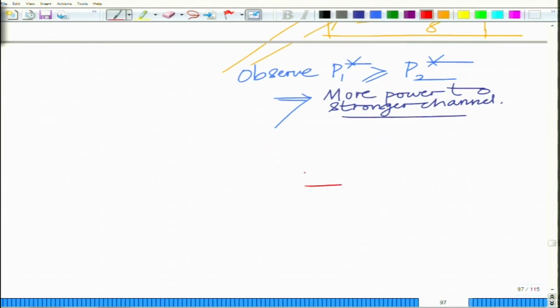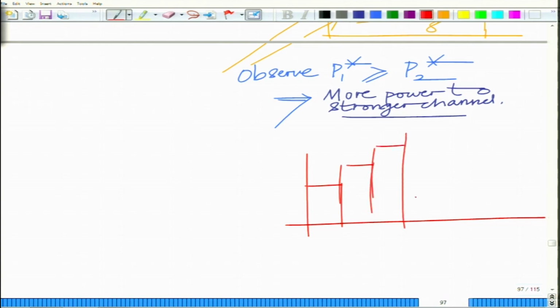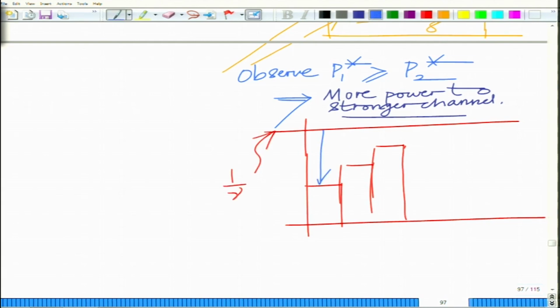For instance, if you remember our water filling algorithm, you have these different bars, correct, and the water level indicates the power. So, if this is the level, this is 1 over nu, and this is the power.